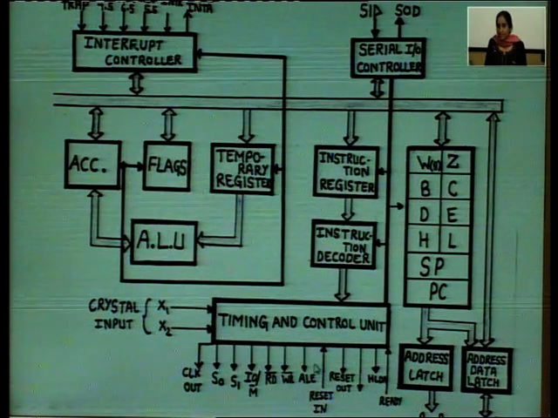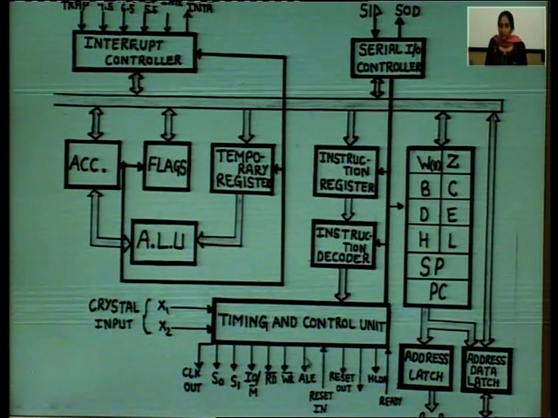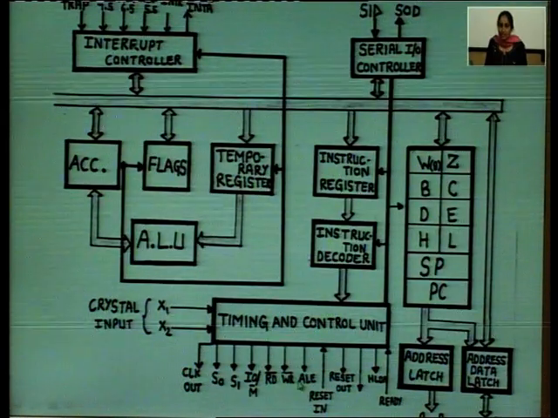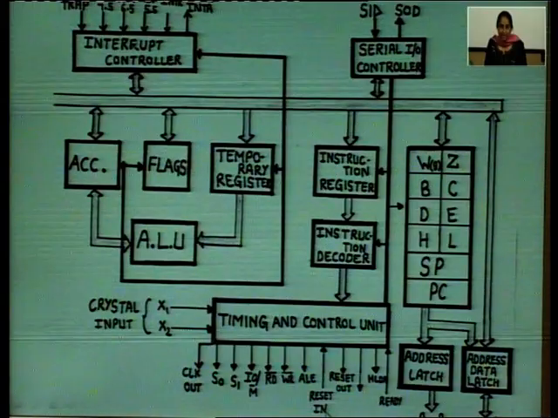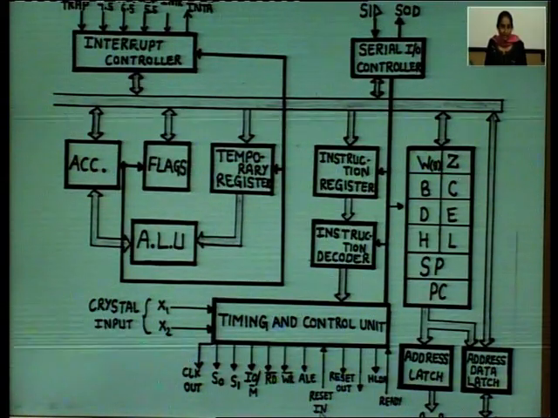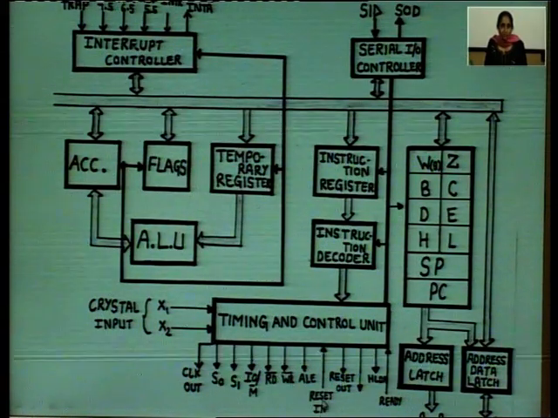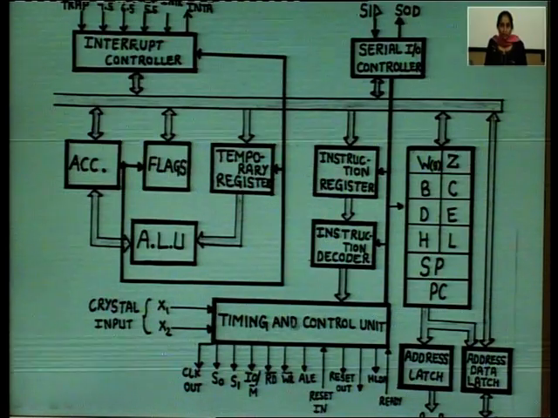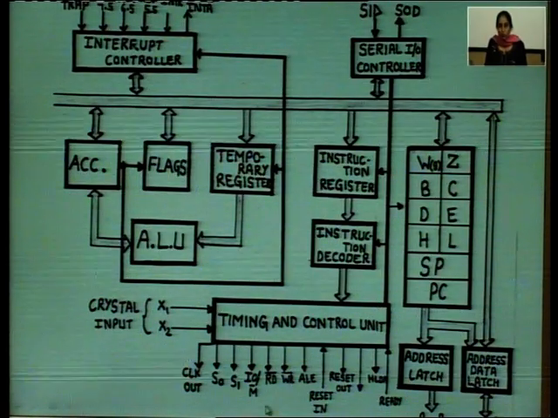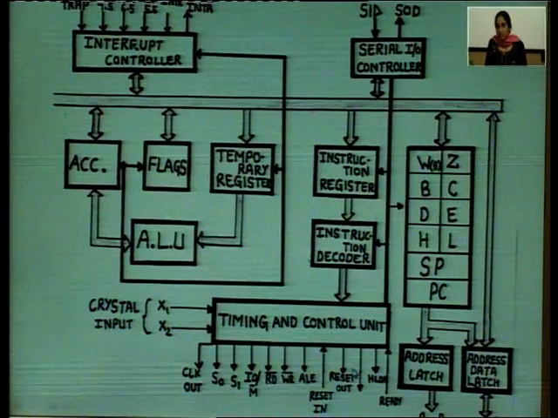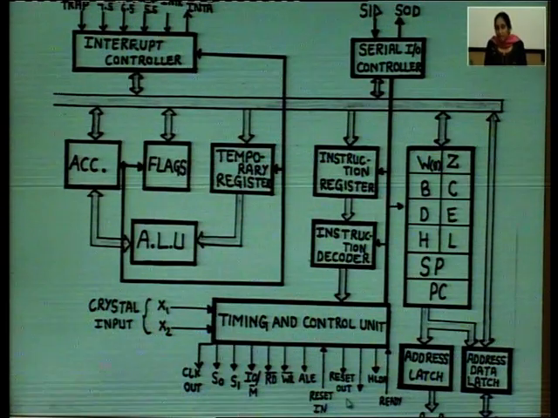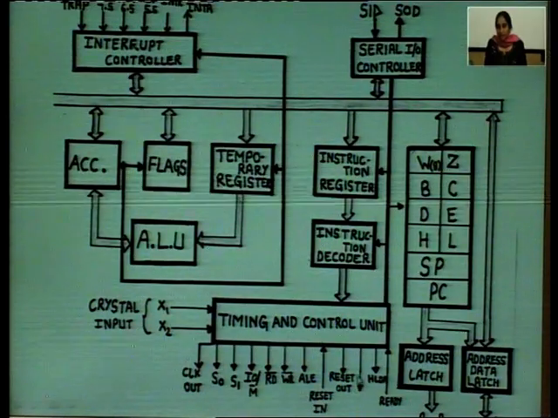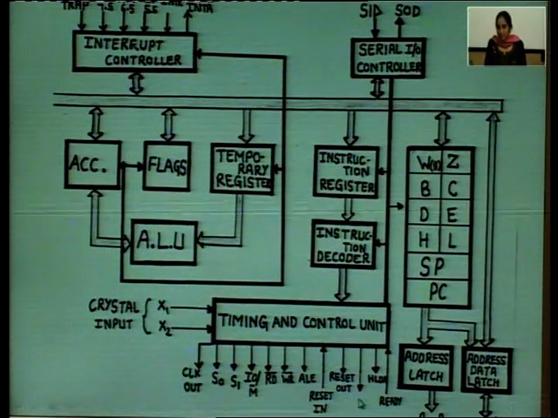The low order address and data bus is demultiplexed with the help of this address latch enable pin. Then we have reset in. This is an input signal and active high. When the signal on this pin is high, the program counter goes to 0000. Then reset out. This pin is used to reset the various peripheral devices connected with 8085.